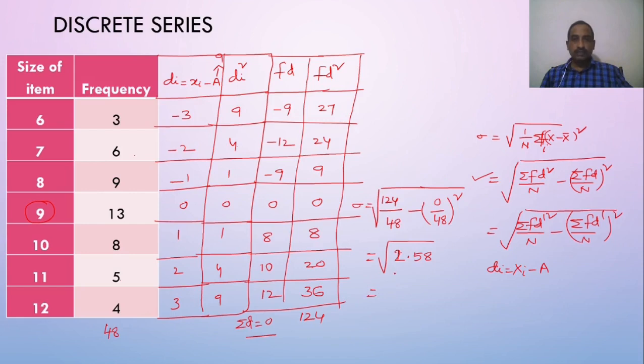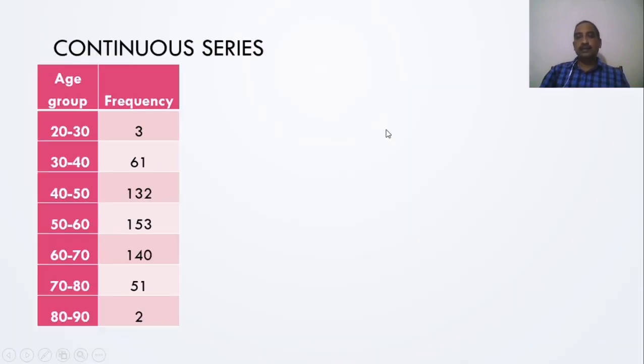If you take the square root of 2.58, the value is 1.6060. So this is the standard deviation of this distribution, right?